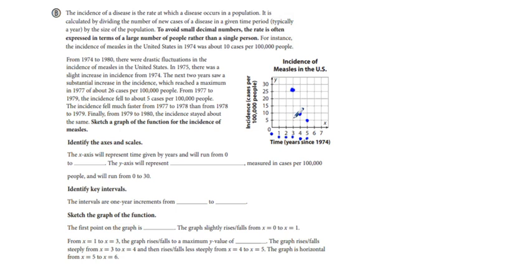That's sort of arbitrary, but we can see that would fit the verbal description. Finally, from 1979 to about 1980, incidents stayed about the same. So we were at 5 in 79, and so we're going to assume for incidences to be about the same, we were also 5 in 1980.